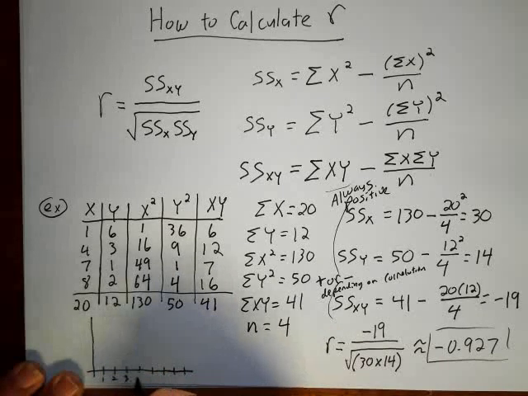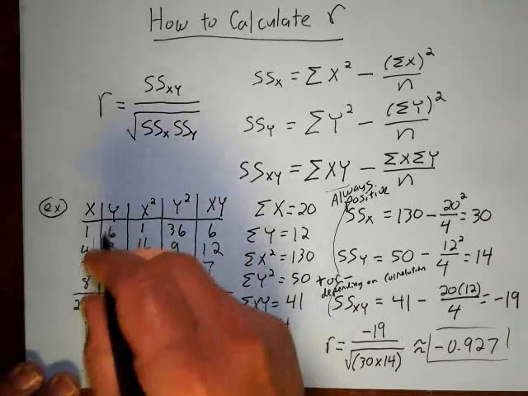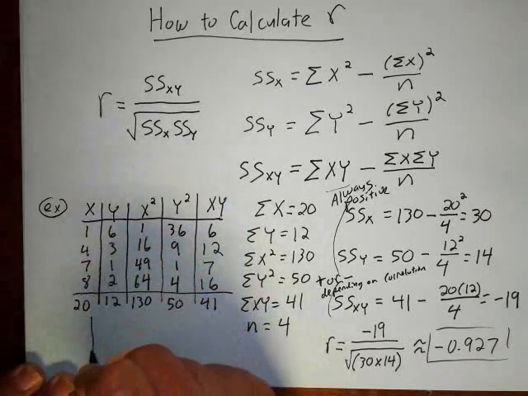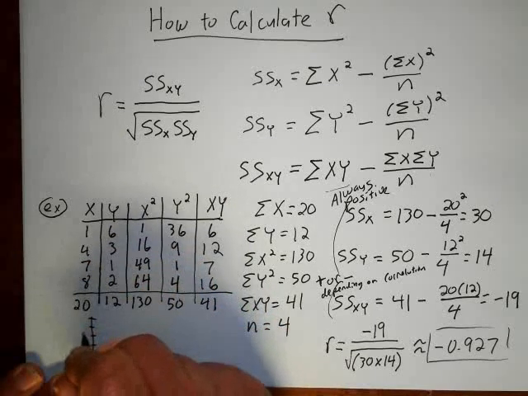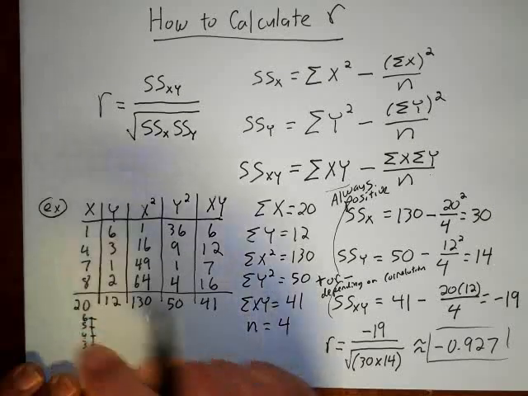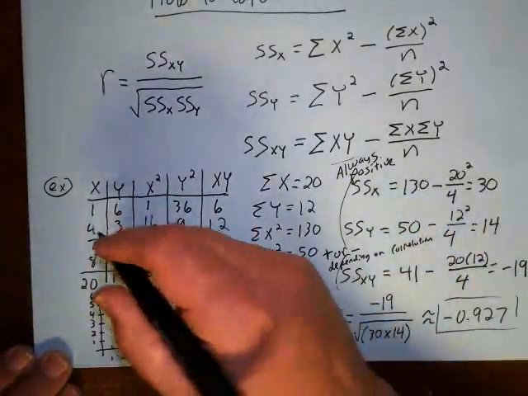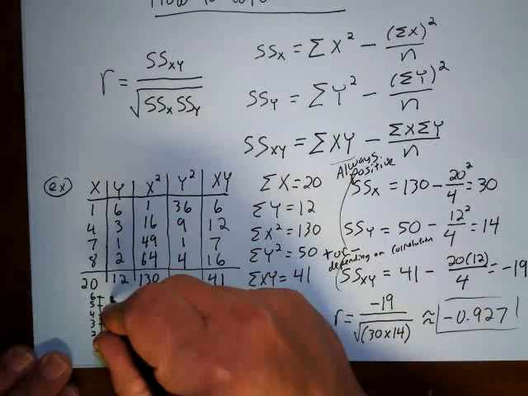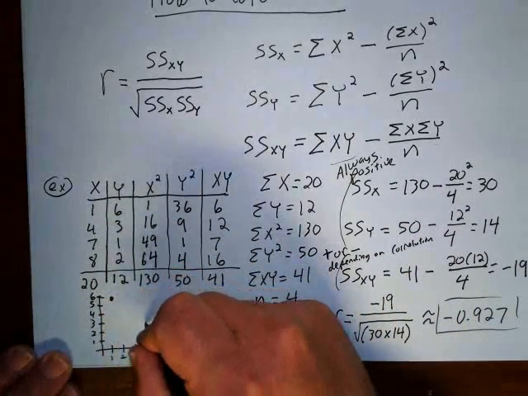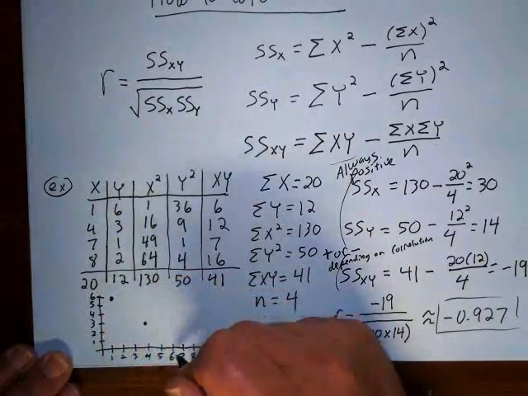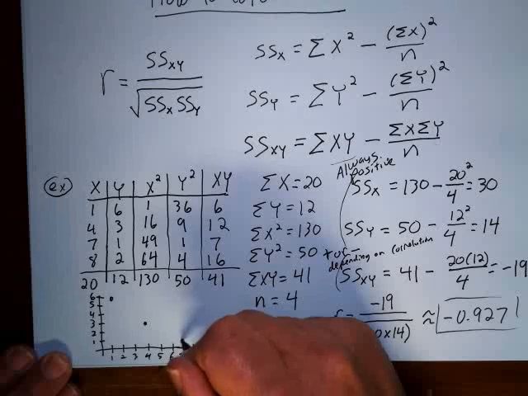1, 2, 3, 4, 5, 6, 7, 8. This needs to go up to 6. One, 2, 3, 4, 5, 6. And so 1, 6 would be an ordered pair here. 4, 3 would be like right there. 7, 1 would be right here.